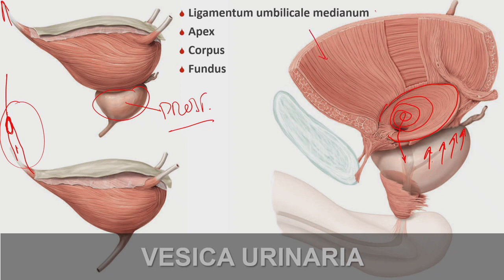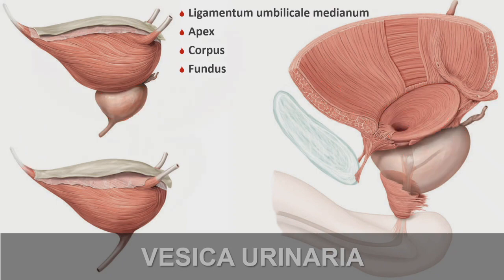Then hypertrophy of these muscular structures follows, and we can see a very thick, folded wall of the urinary bladder.